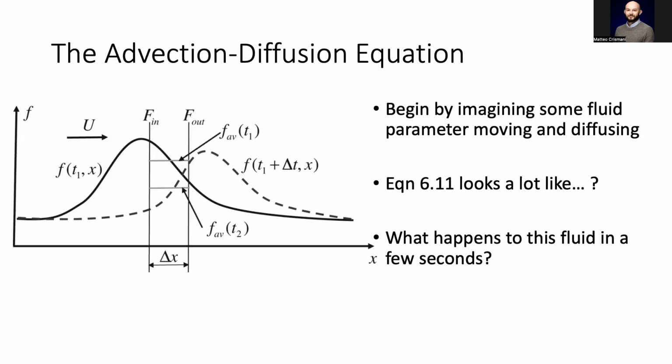What does that end up looking like? It starts off as a sine wave, maybe moving to the left, but it diffuses. So some property of the fluid is moving to the left, but getting smaller and spreading out, or getting less tall and spreading out as it goes. That is the process of advection and diffusion together.